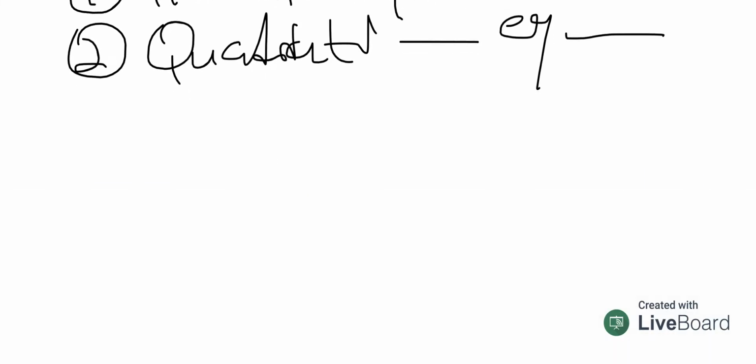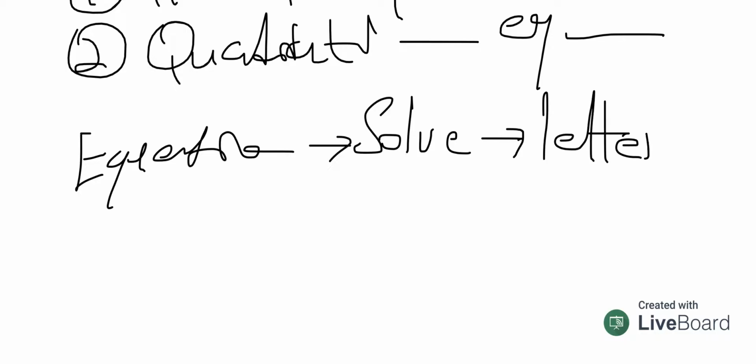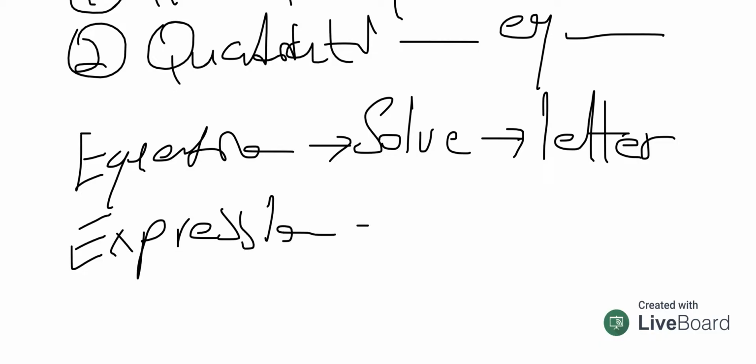Remember, I did say that when you have an equation, we solve. What are we solving? We are solving for the letter. I said when we have an expression, what do we do?